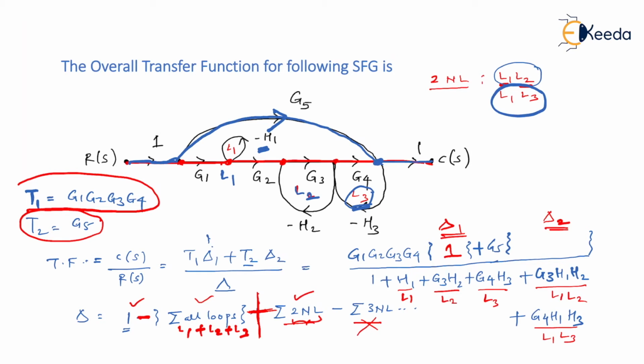Am I right? So what will delta 2 become now? From this delta, I'll take L1, I'll take L2, but I'm going to cancel the L3 term. But I can take L1, L2. Since the last term is L1, L3, because of the presence of L3, I'm going to cancel this term also. Whatever terms we have given a tick mark, I'll take only those terms, and that is nothing but your delta 2.